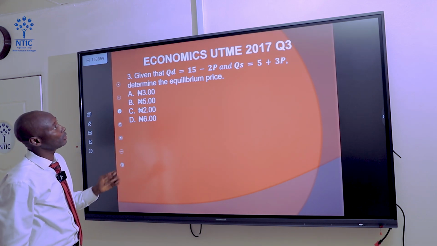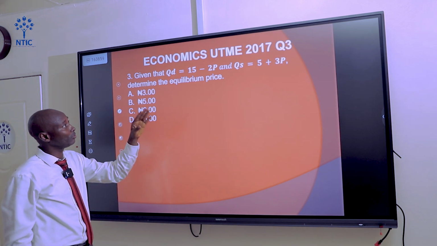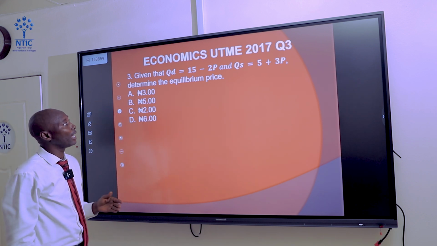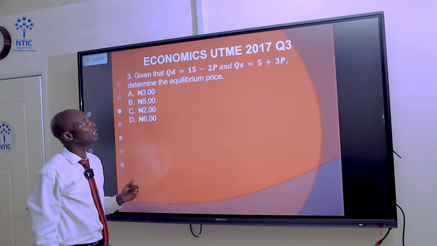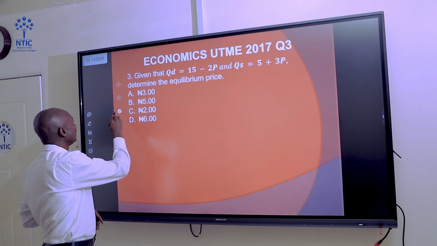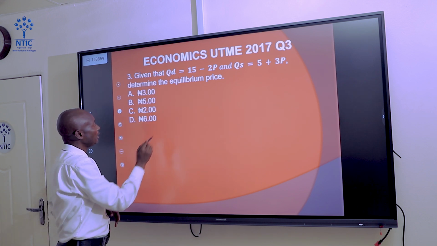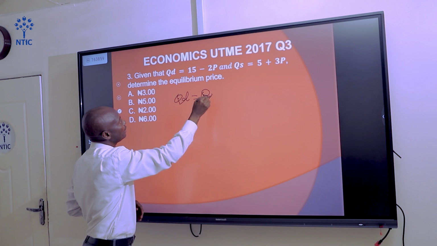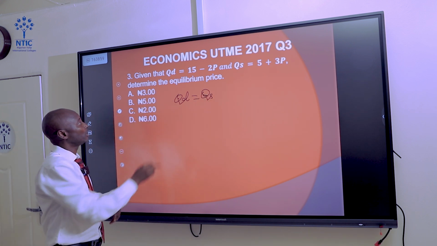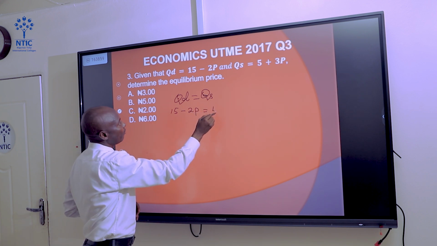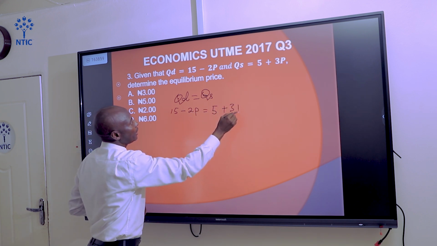Now, looking at UTME 2017 question 3. Given the demand and supply, we are given the demand as 15 minus 2p, and the supply is 5 plus 3p. What you need to do here before the procedure is equate QD, quantity demanded, with quantity supplied. So when you equate, you have 15 minus 2p is equal to 5 plus 3p.